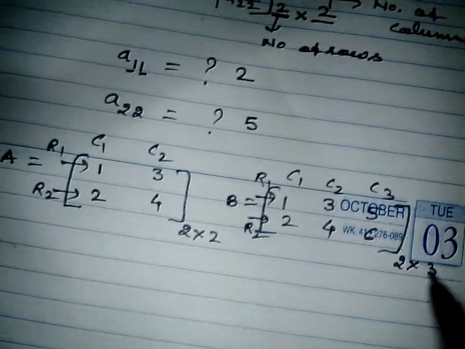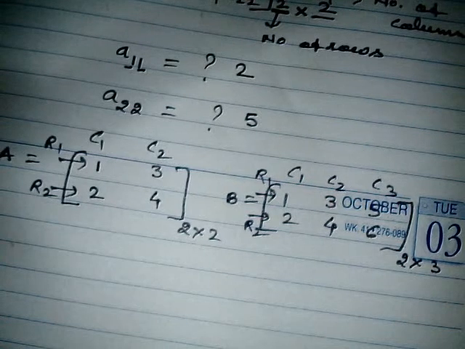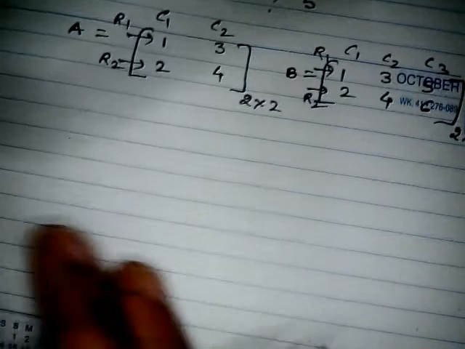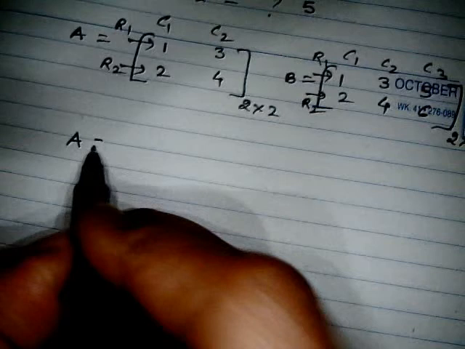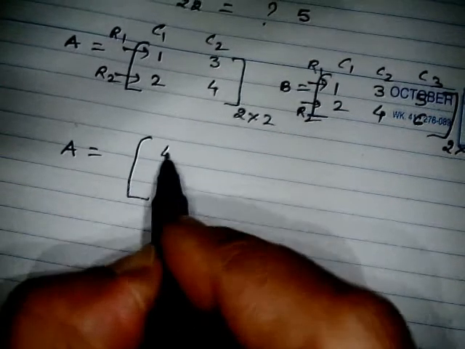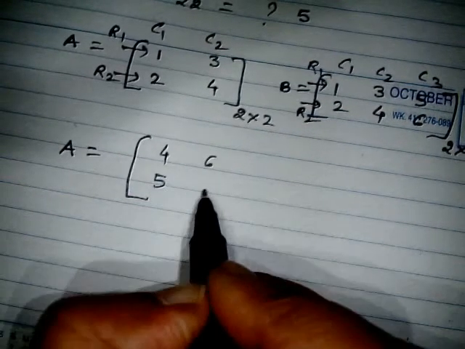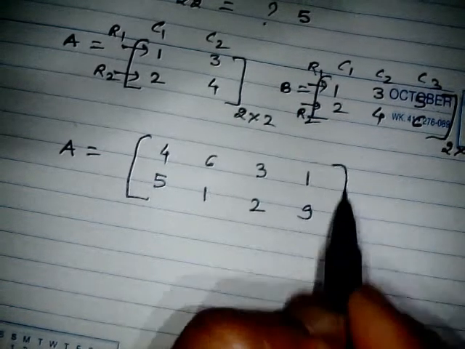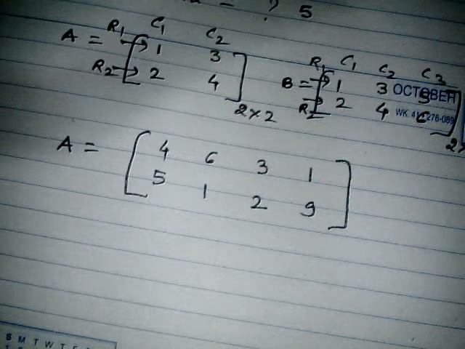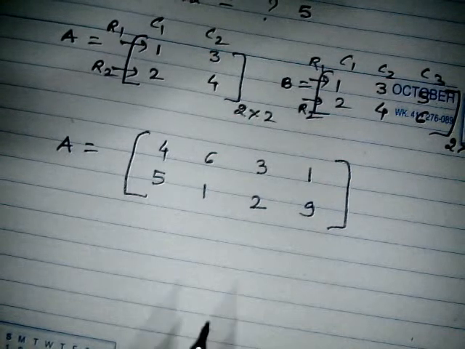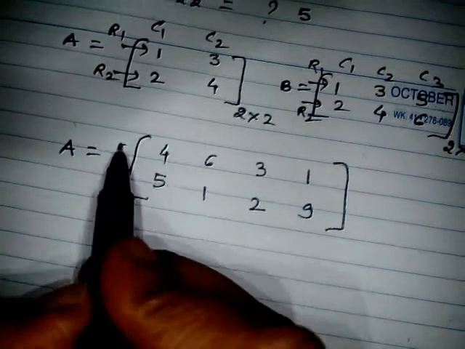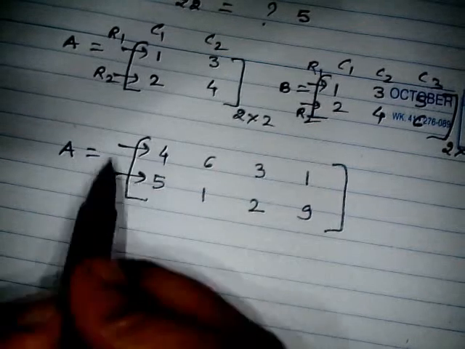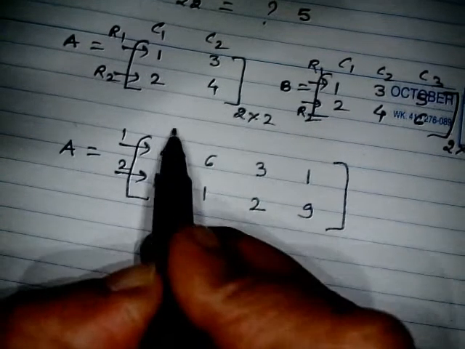Now one more. Suppose this matrix is given: 4, 5, 6, 1, 3, 2, 1, 9. What is the order of this matrix? How many rows are there? 2 rows, and columns 1, 2, 3 and 4. So 2 by 4.